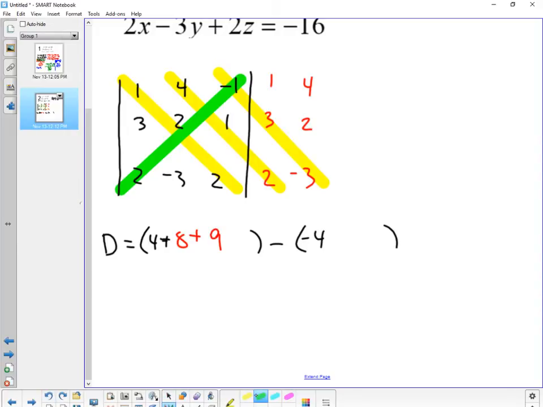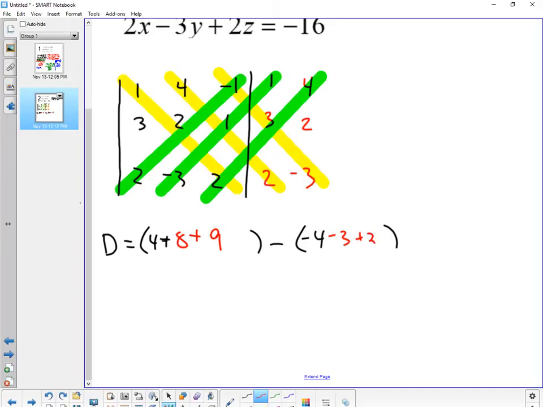So let me show you the other one. Here's that one, and then here's that one. So you just do 3, it's 3 always. So -4. This should be -3, and then plus 4. 24. 2 times 3 times 4 is 24. So what do we have? 21.